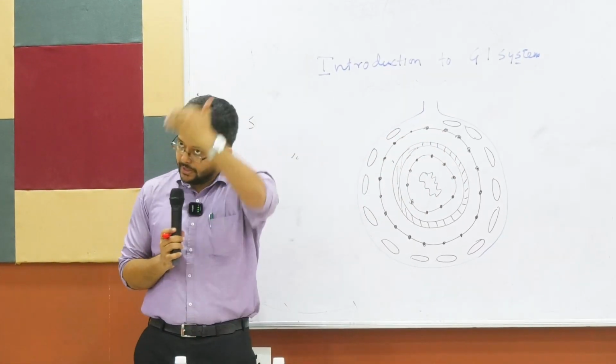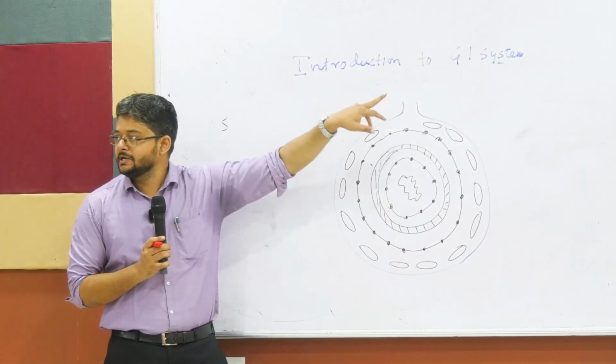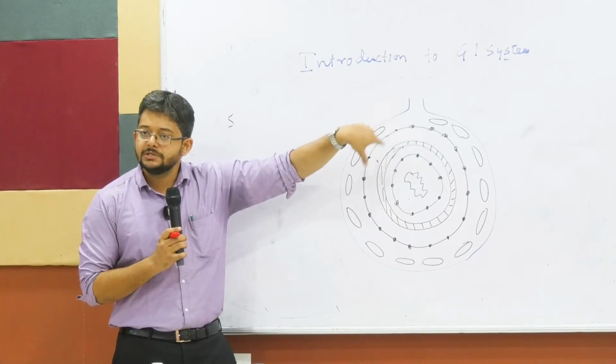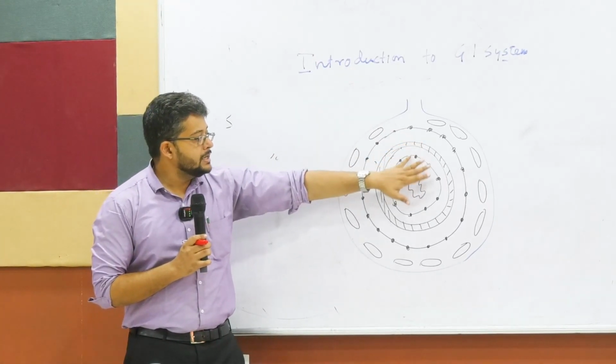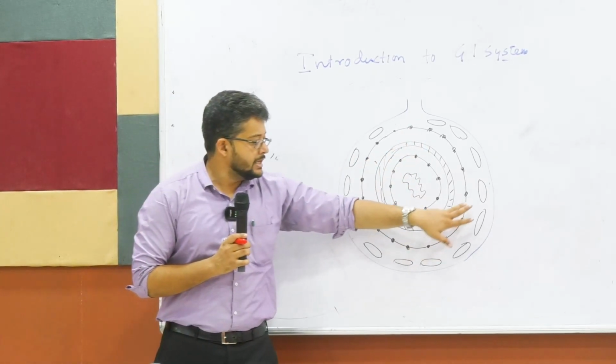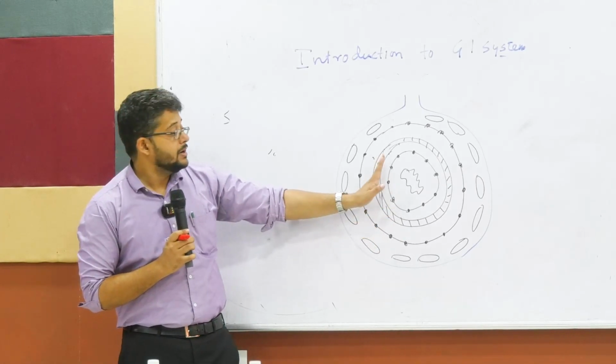When I take a cross section, the longitudinal muscle will look like this. And then there's a plexus. It looks like the lighting during Kali Puja. So this is the nerve plexus basically. We will come to the name of this nerve plexus. Then we have one layer over here. This is also a muscle layer, the circular muscle layer.